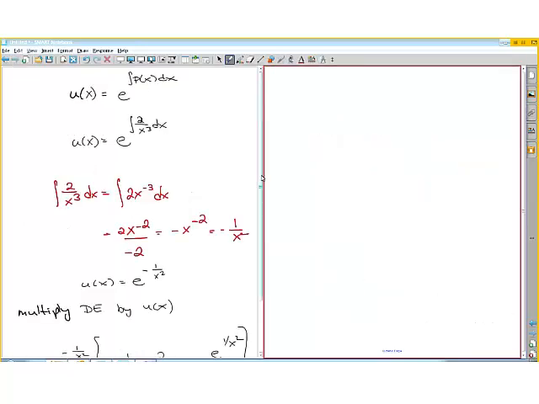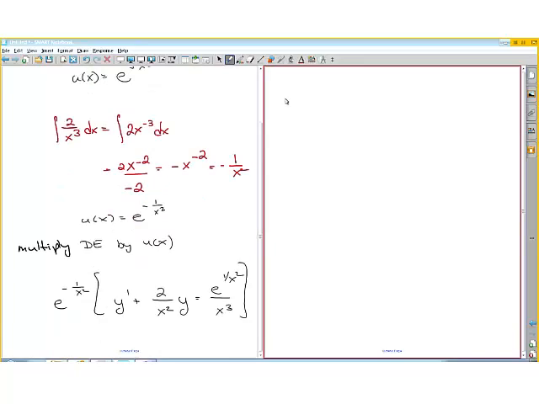So that's our differential equation multiplied by the integrating factor. What we get on the left-hand side is e to the minus 1 over x squared y prime plus 2 over x squared e to the minus 1 over x squared times y.